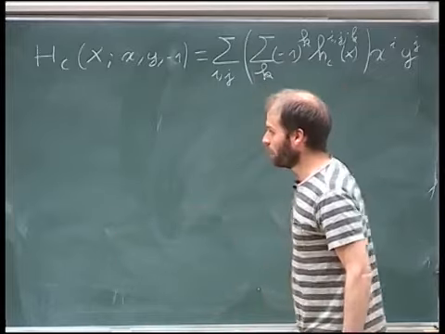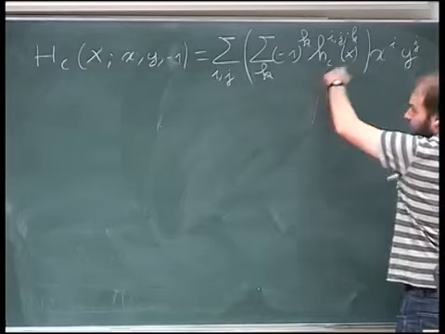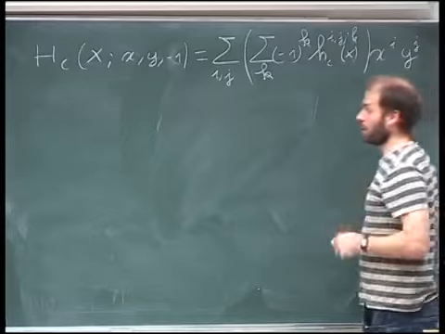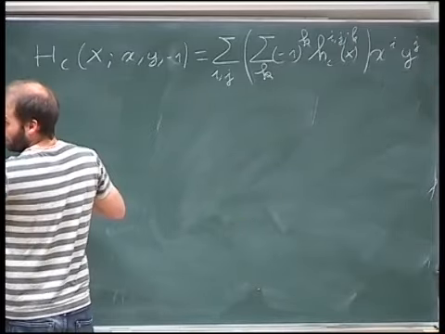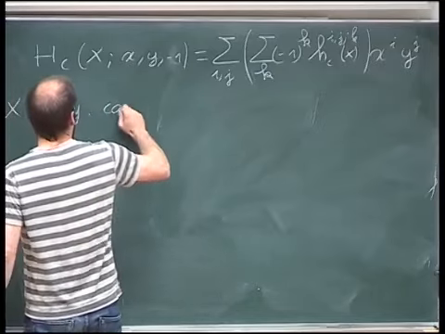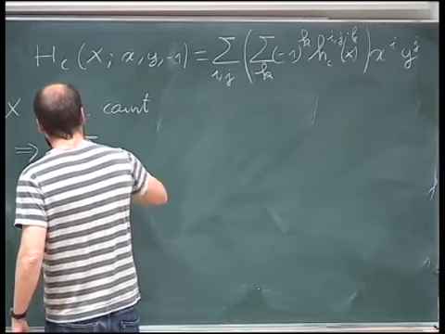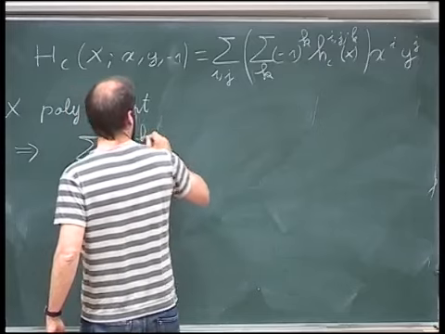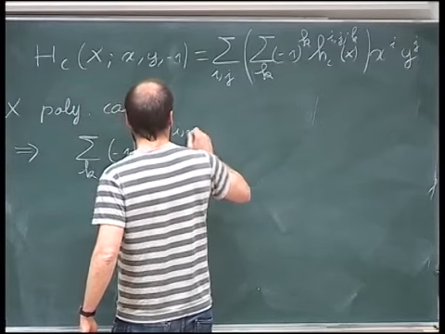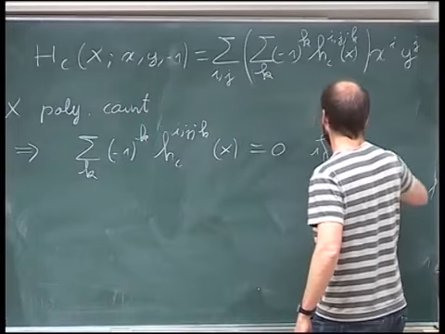Saying that it's polynomial count, it says that if i is different from j, then this has to be 0. So if X is polynomial count, this implies that the sum over k of (-1)^k h_c^{i,j;k}(X) is equal to 0 if i is different from j.